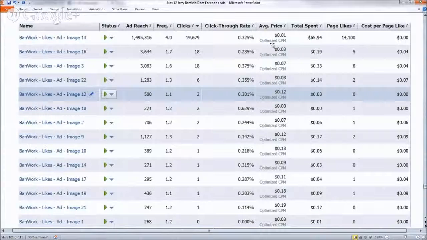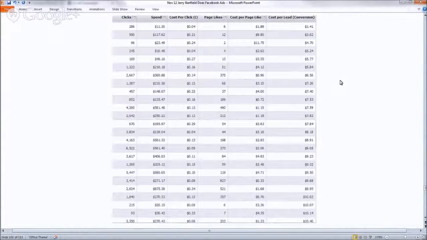And that's how I'm getting 2 page likes out of the money I spend. So you can see $65 spent, roughly 3 clicks per cent spent. 19,000 clicks turns into 14,000 page likes. That's the basic data analysis.